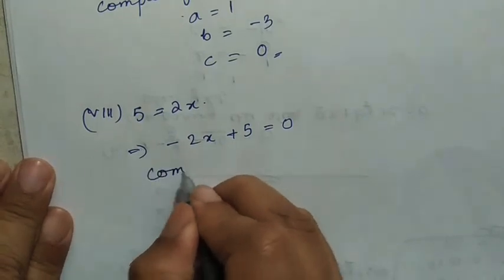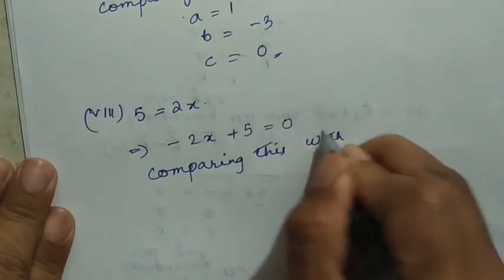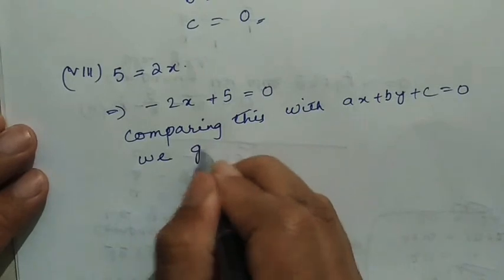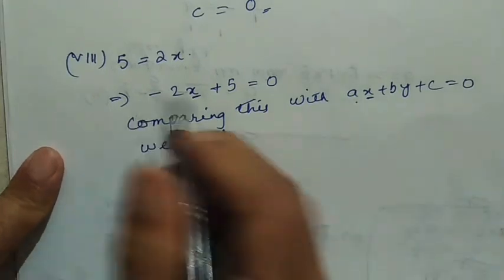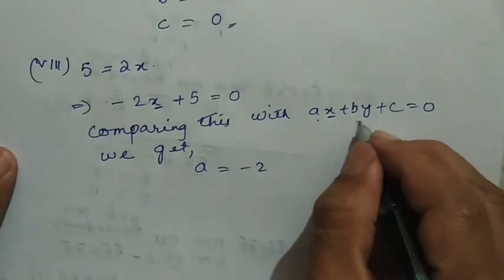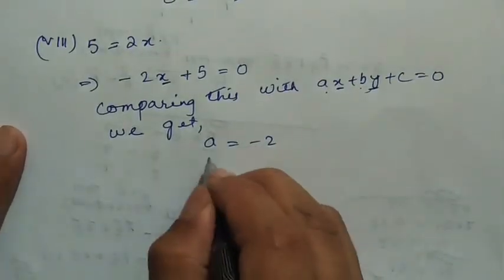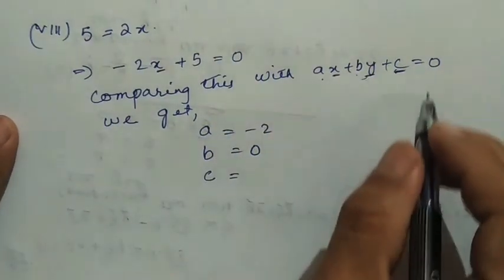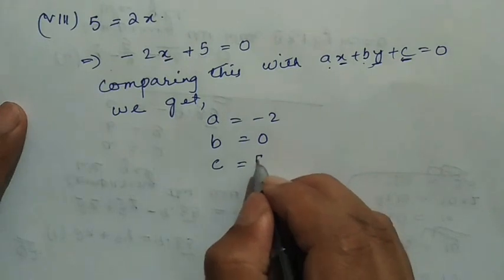So comparing this with ax plus by plus c equal to 0, we get a equal to minus 2. Here there is no y, so b will have no value, so b is 0. And then c means the constant, the number without x or y variables, so 5. So c is equal to 5, and this is the answer.